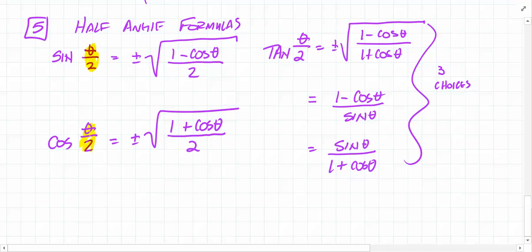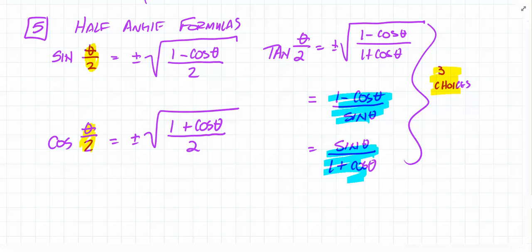However, you do get 3 choices over here for the tangent. You might not have all 3 in your toolbox, so I at least wanted to make sure you got these other 2, probably these ones over here in blue. These are the easier ones to use because they don't deal with that big old nasty square root. Now the other important piece of this puzzle is this plus or minus.